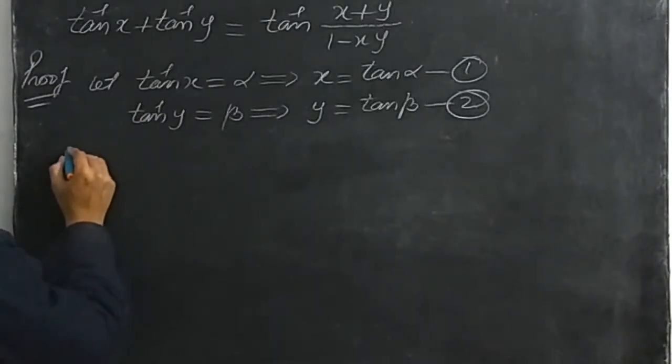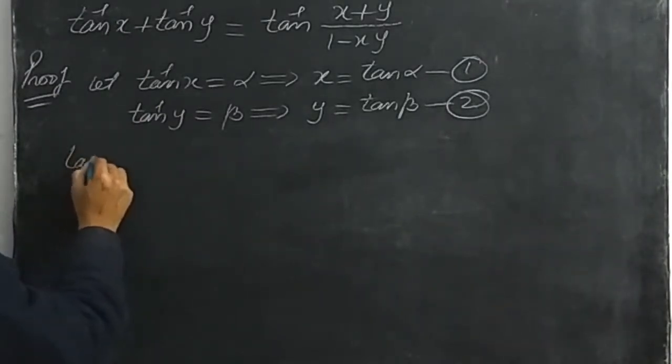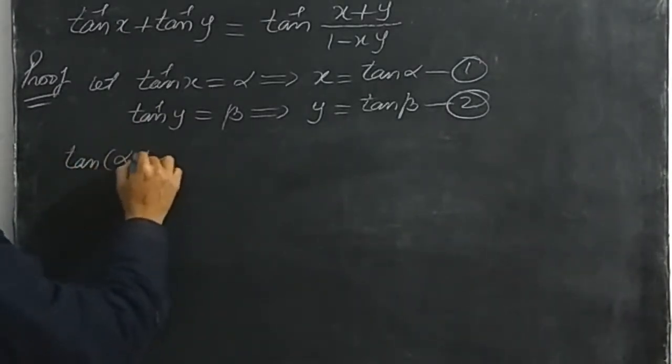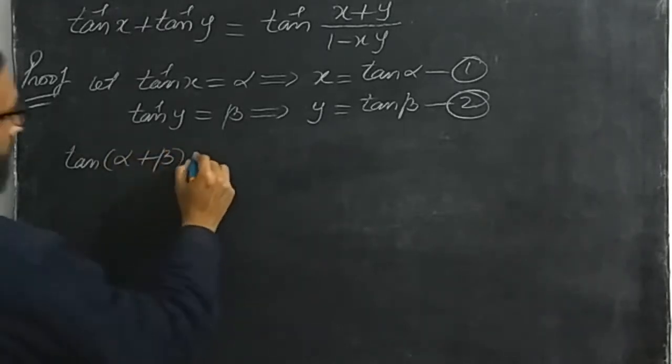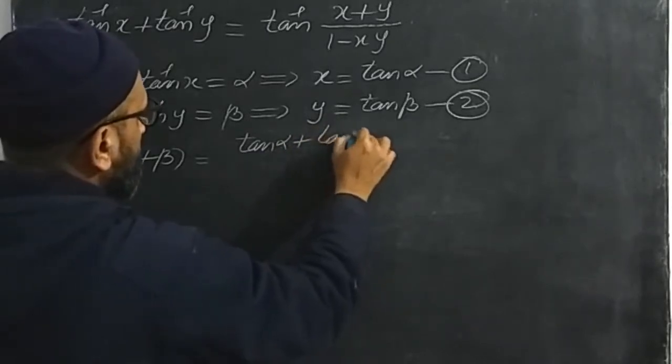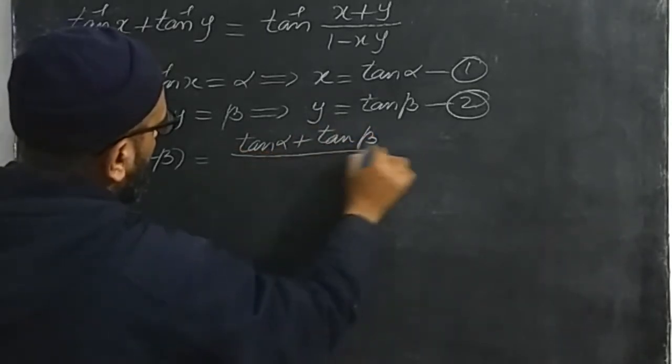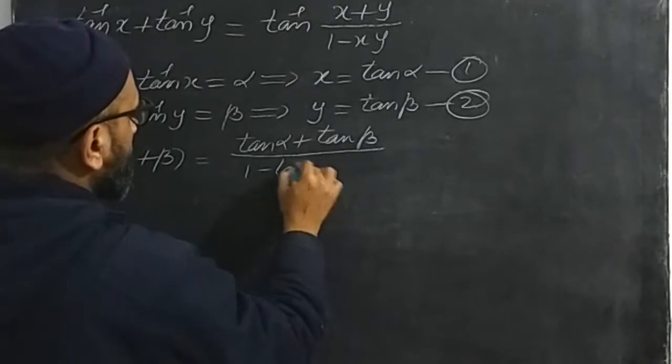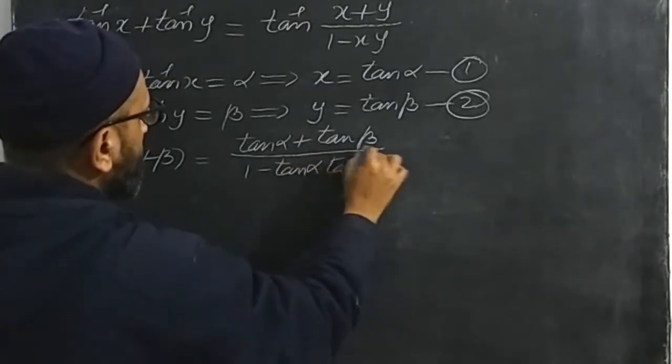So now we have to write the formula of tan alpha plus beta, which is equal to tan alpha plus tan beta upon 1 minus tan alpha tan beta.